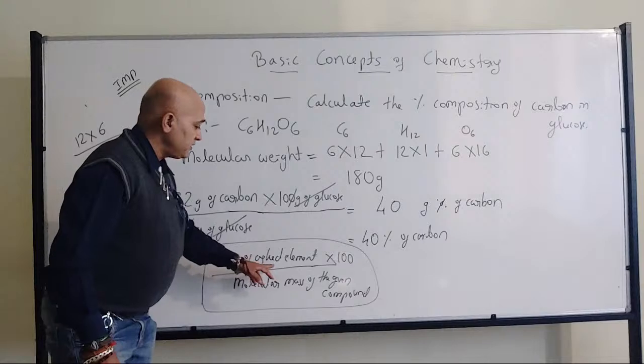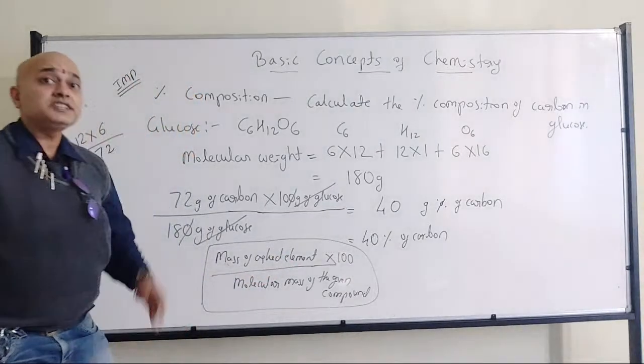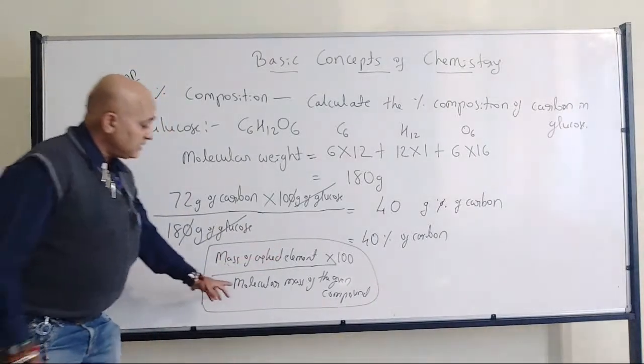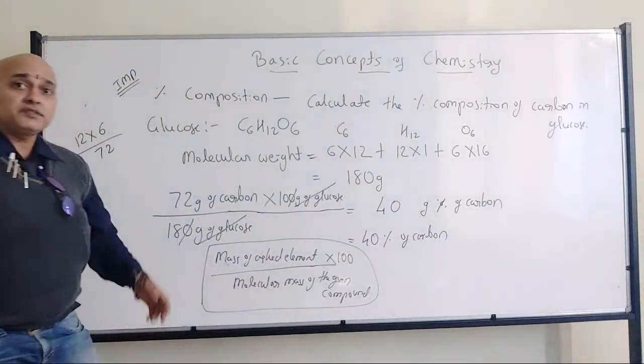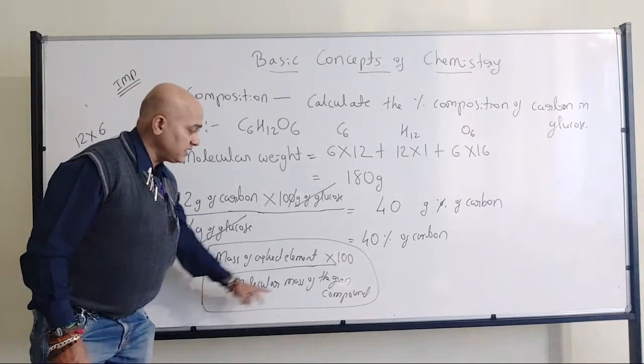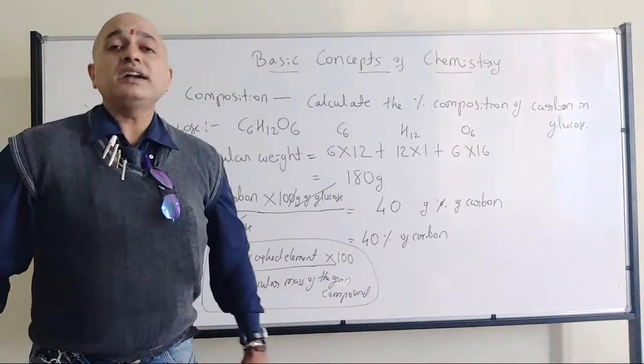So, mass of the asked element. Which element are they asking about? Here they are asking about carbon. Then divided by the molecular mass of the given compound. In which compound are they asking? That one should come here. Then multiplied by 100.